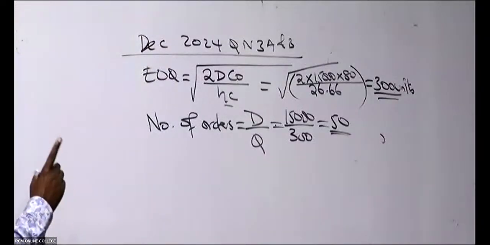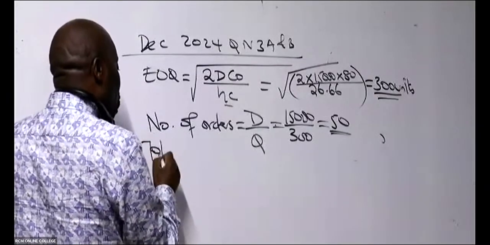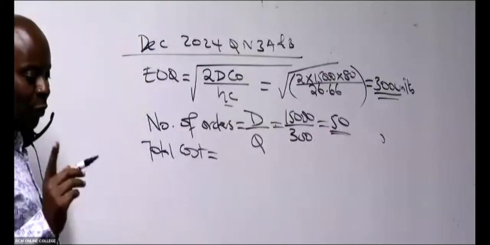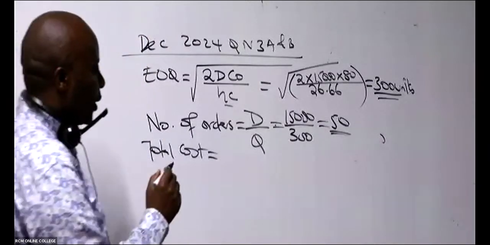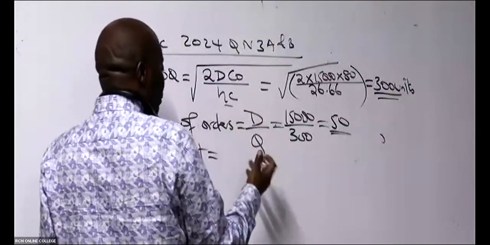They never asked us this, but I want to use this question to demonstrate how we normally get total cost for inventory.